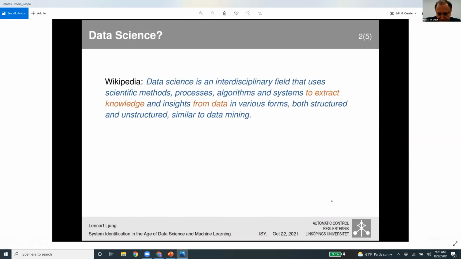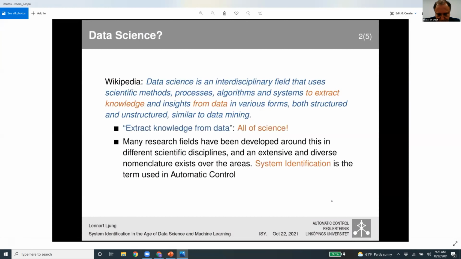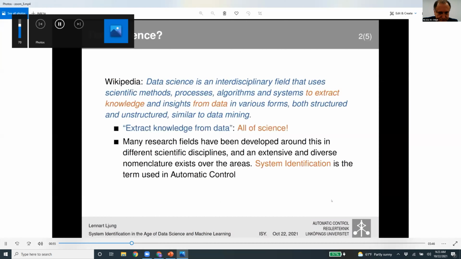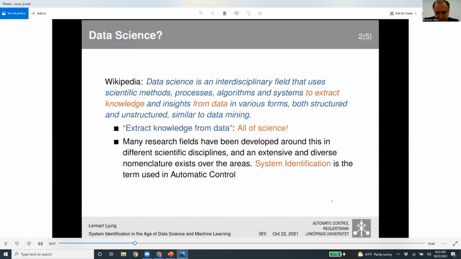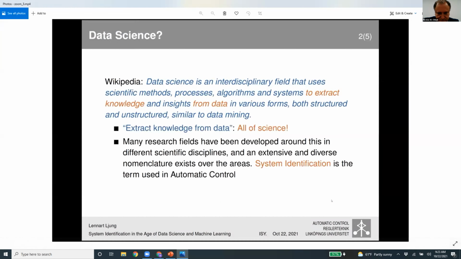Wikipedia defines it as follows. To extract knowledge from data is really what science is about. So it is clear that this must be a central topic in science and engineering. In automatic control, we call the techniques to build models system identification. That is what has kept me busy during the past 50 years.